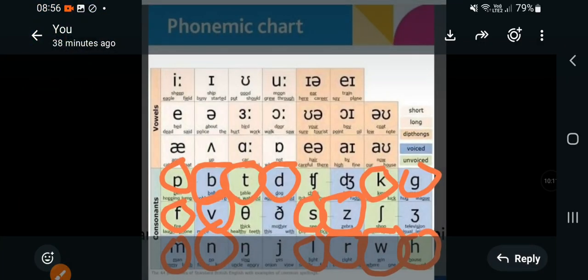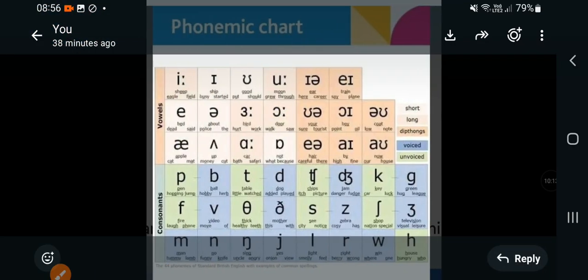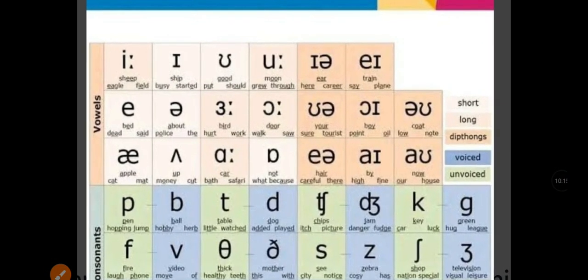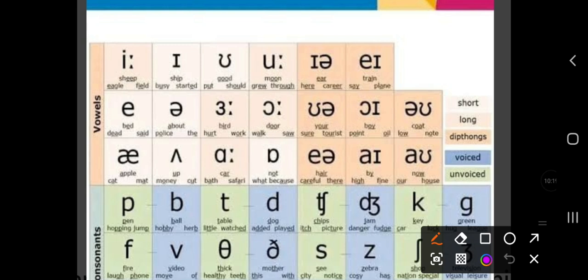Now, how to remember these symbols? First of all, let me show you the 44 IPA symbols. These vowels are 20.